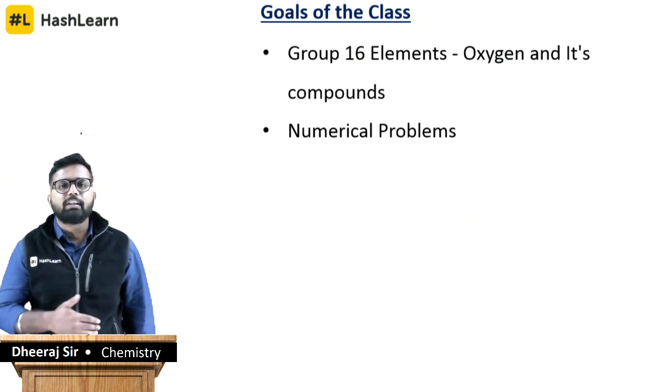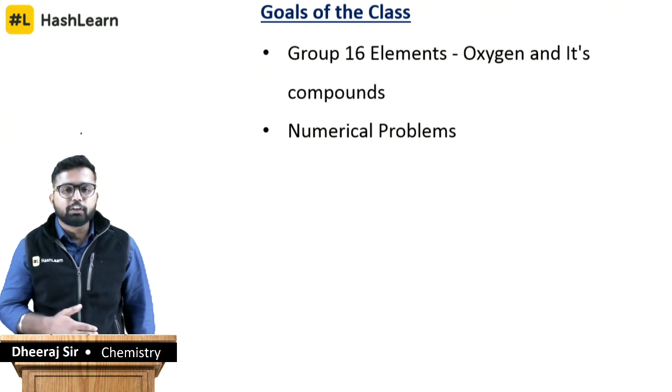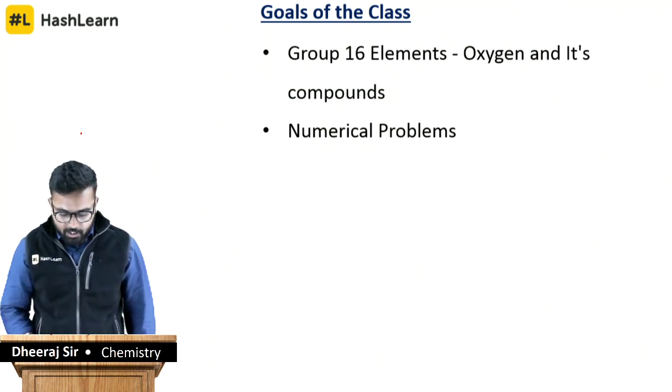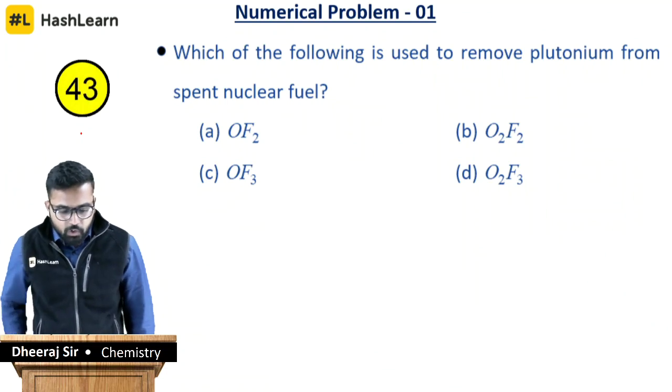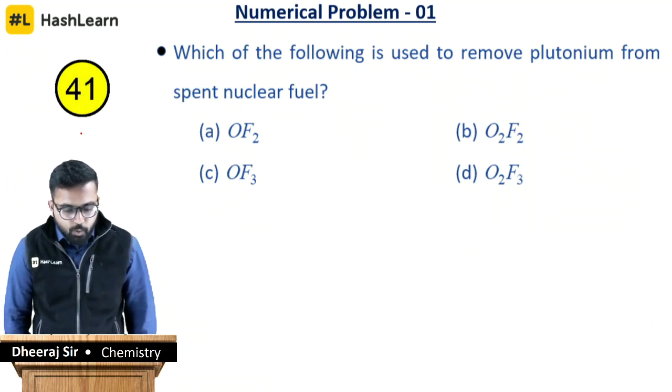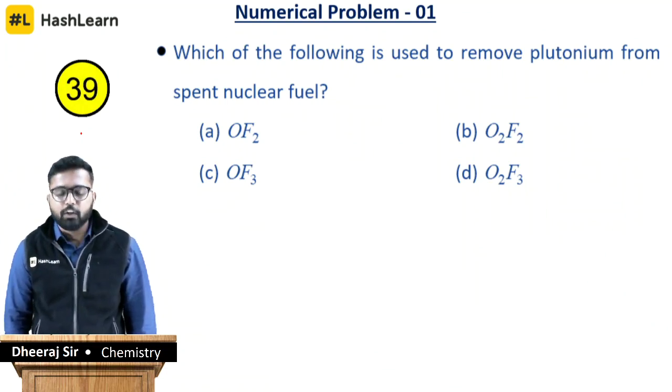The next slide that you would be seeing is the first question for the day, guys. Quickly go ahead, attack the question. We will then discuss it. The question under discussion is, which of the following is used to remove plutonium from spent nuclear fuel? You know that nuclear fuel is needed to run the nuclear reactors.